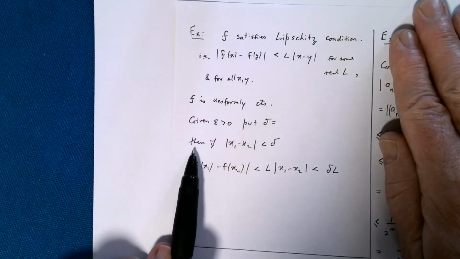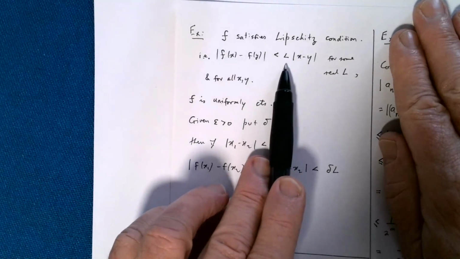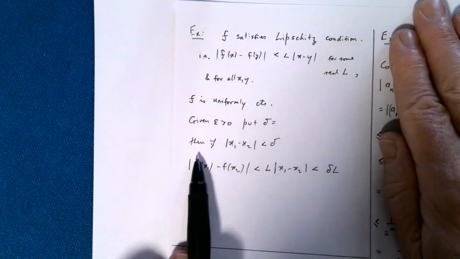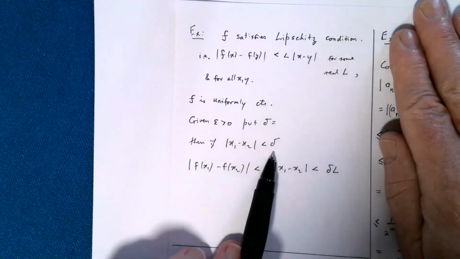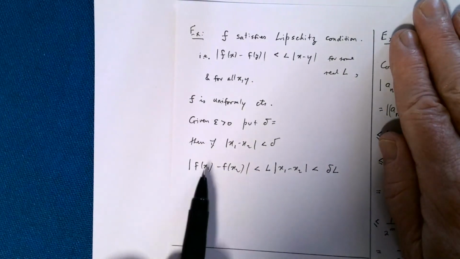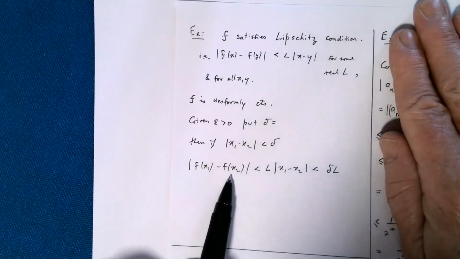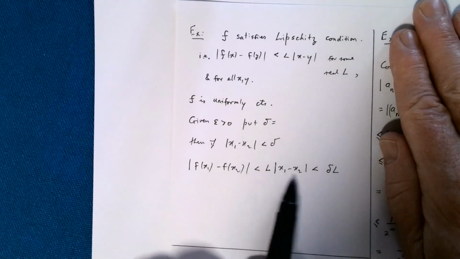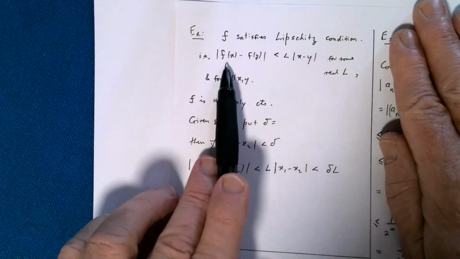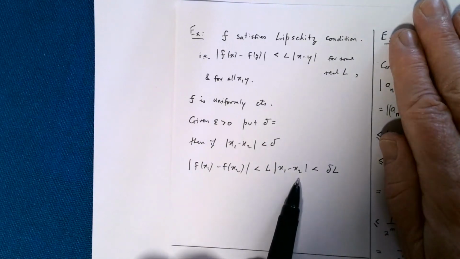So now remember, L is a fixed number; it's not changing. So you've got some particular fixed L. So if the absolute value of x1 minus x2 is less than delta, then the absolute value of f of x1 minus f of x2, well, we were given that it's less than L times the absolute value of x1 minus x2. I've just simply used the definition of what we mean by a Lipschitz condition.